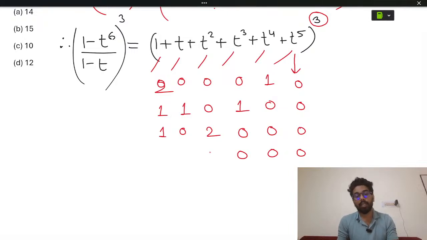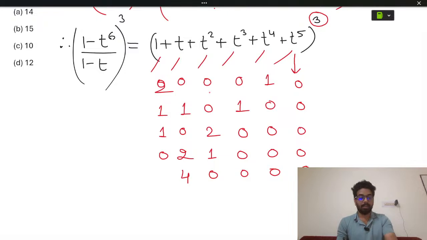Or if you are taking only t power 2 power 1, that is t power 2, so you have to take 2 over here. And the last case is 0, 0, 0. You are not taking anything from here. The only case is taking power 4 here, which is not possible because the sum of the powers is 3. So these are the only cases we have to deal with.